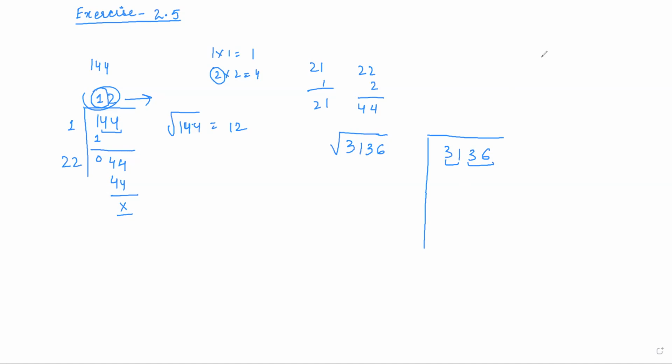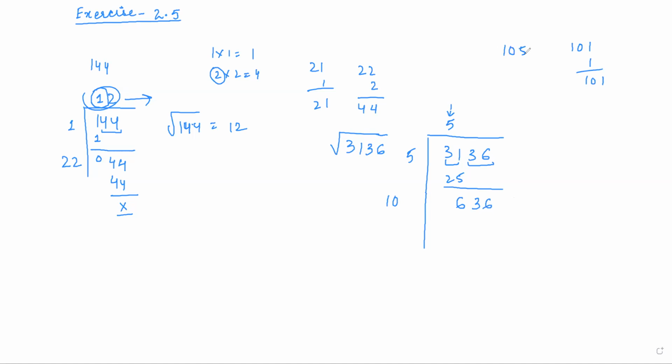Now 5 into 5, 25, right? 6 into 6, 36, which is greater than 31. So I use 5 into 5, 25, right? Okay. Now 11 minus 5 is 6. 6 is the remainder. Now I'll bring 36. Okay. Now multiply this by 2. So 2 into 5 is 10, right? So now you have to see 10, if I write 101 into 1, so I'll get 101, which is very less than this. So something around 5 I can try, right?